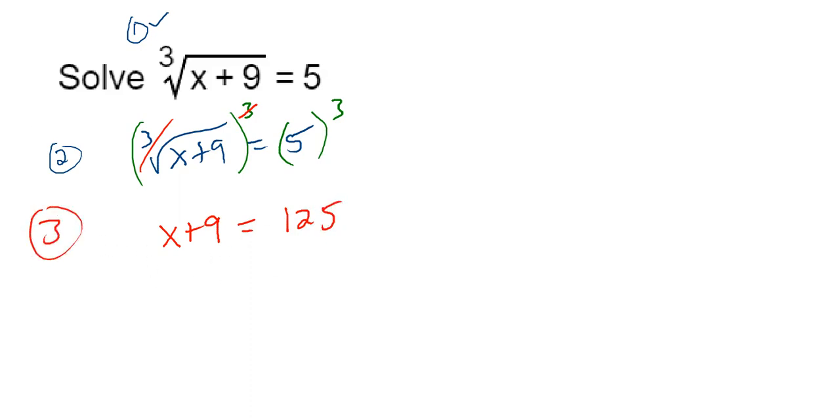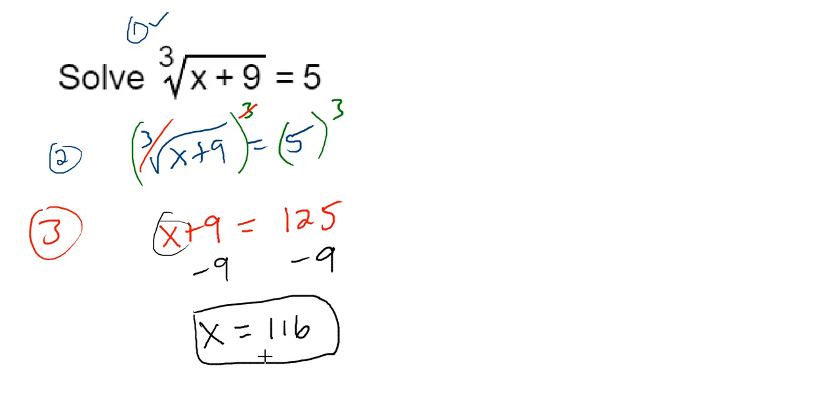And then step 3, solve the resulting equation. This is a linear equation. We don't have x squared, so all I need to do is get x by itself. I'll do that by subtracting 9 from the other side. So we get x equals 116 when we subtract 9. And so that appears to be the solution, but let's go ahead and check just to make sure it actually works.